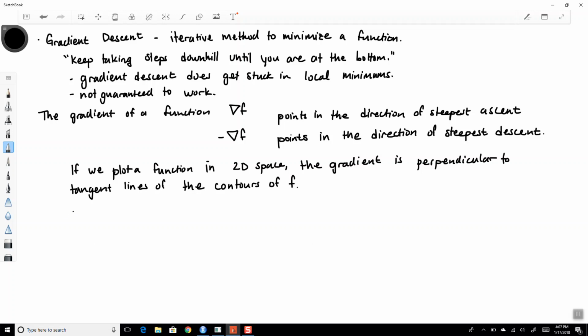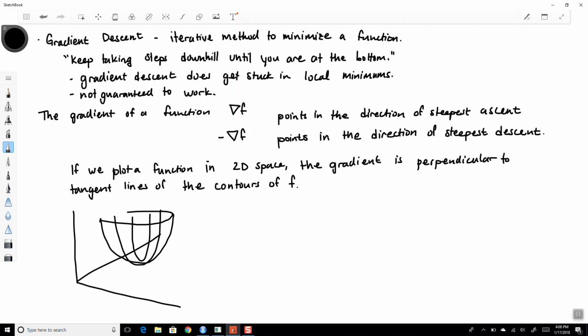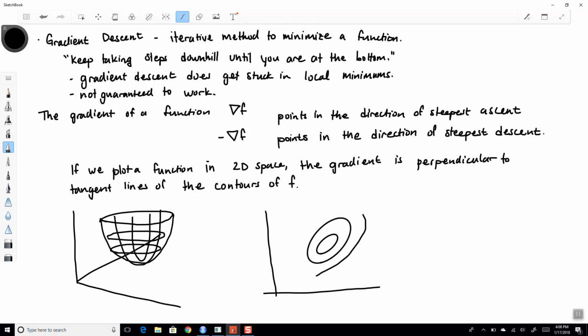For example, we might have some kind of paraboloid, and if we plot this, it would look something like this.